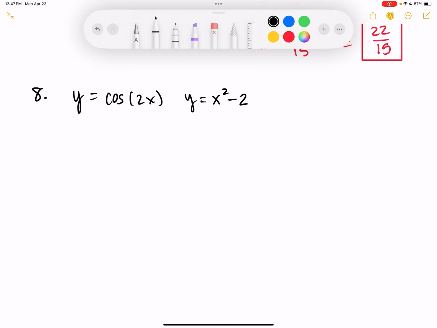All right, so what we need to do is put each of these graphs into y equals. Now what? Zoom 6. I want to zoom box this area here.